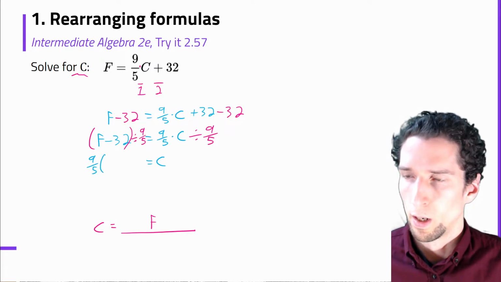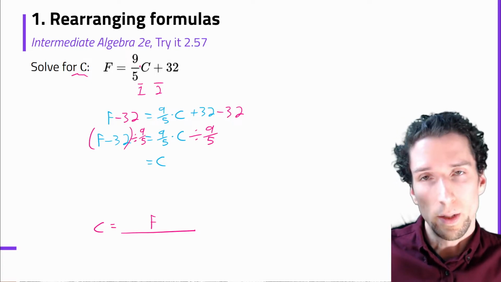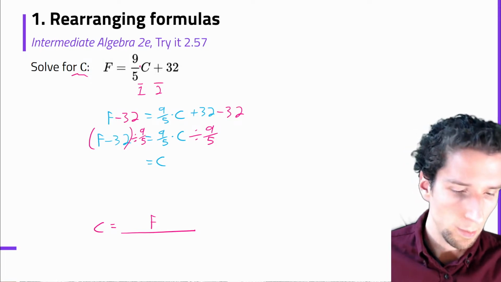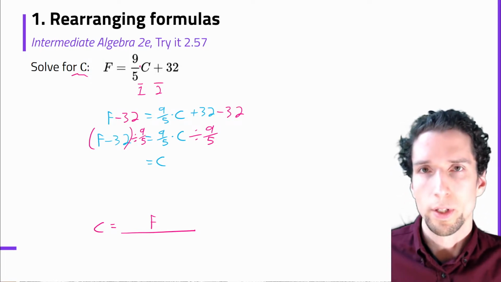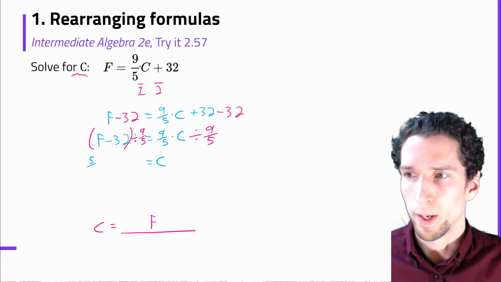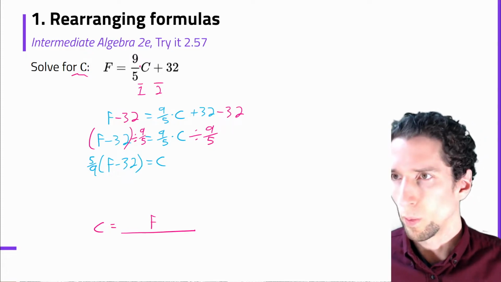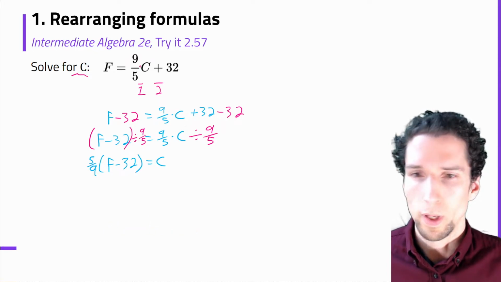Sorry, not 9/5. We are dividing by a fraction, so that means that's the same as multiplying by the inverse of that fraction. So we flip over and multiply. So that's the same as just multiplying by 5/9. So that times F minus 32.